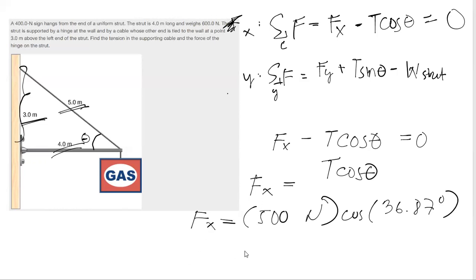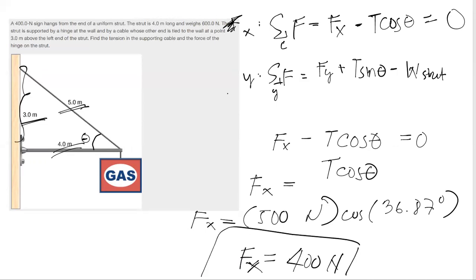This should give us an x component force of 400 newtons. So that's the way we can solve this problem. So now we had the force of the hinge on the strut, which is Fx, as well as the tension force, which is yung hinahanap ng problem.